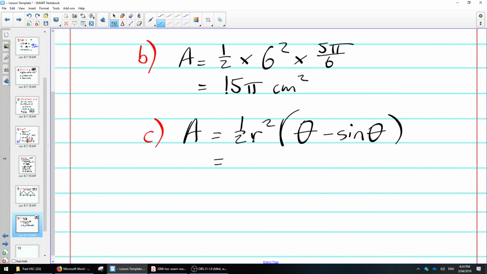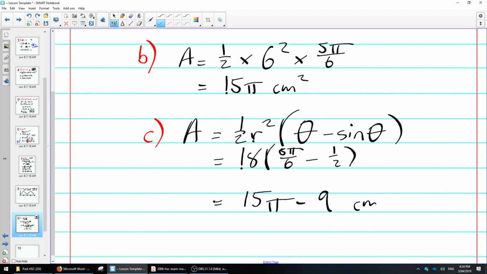So r squared is 36, so 18 times 5 pi over 6 minus sine 5 pi over 6, which is half. Which equals 18 pi over 6, so it's 15 pi minus 9 centimeters squared.